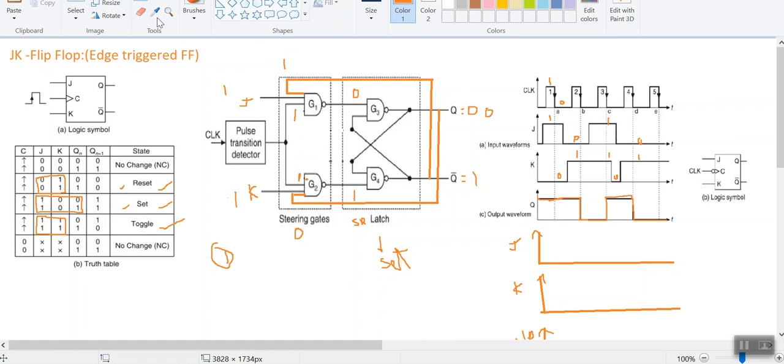Sorry, not reset state, it is set state. So set state means your Q is equal to 1. You are getting your output here as 1. Whenever Q is equal to 1, it means that Q bar is equal to 0.